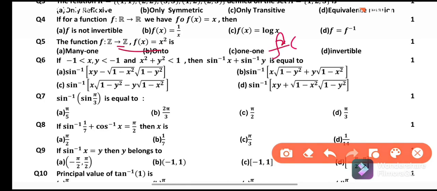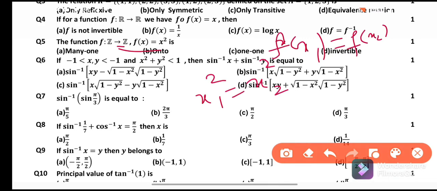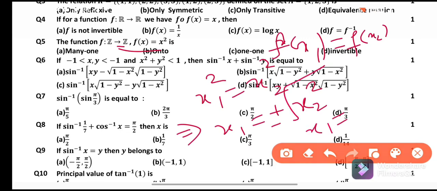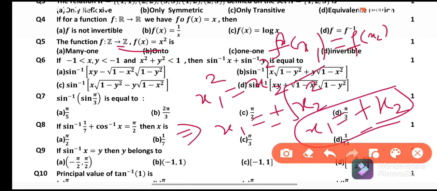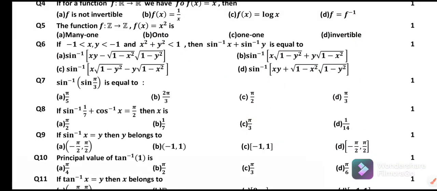Let f(x1) is equal to f(x2), that is x1 square is equal to x2 square, implies x1 is equal to plus minus x2. So it is not a one-one function, and the function which is not one-one is many-one. So answer is A option. Question number 6.